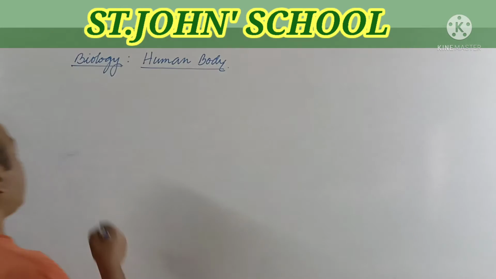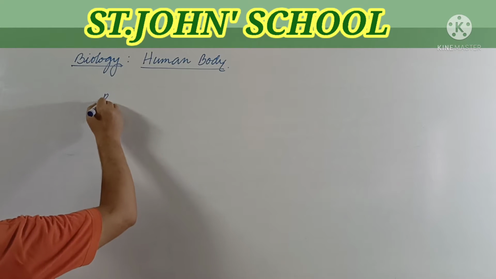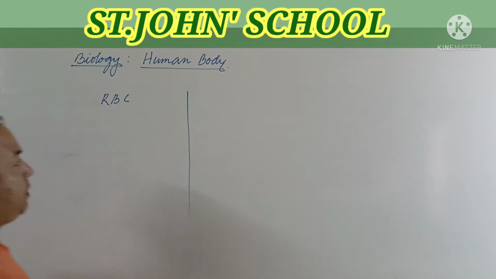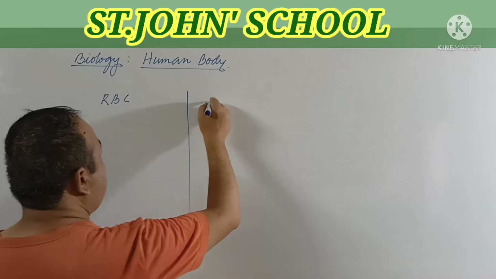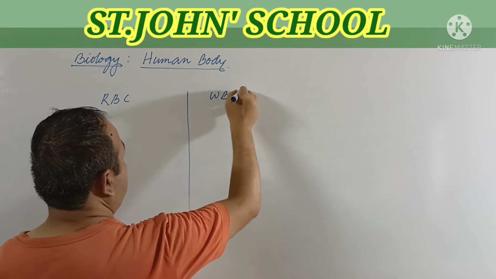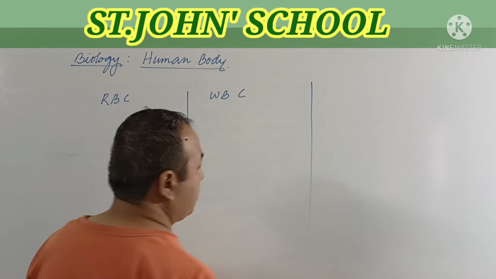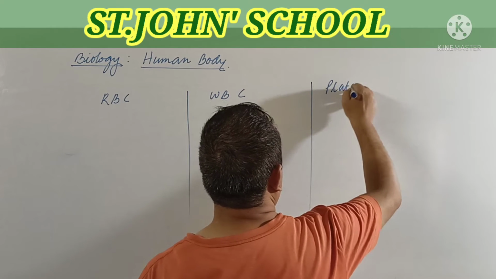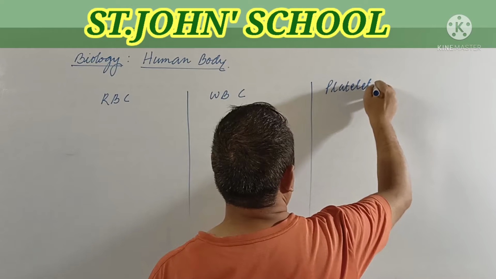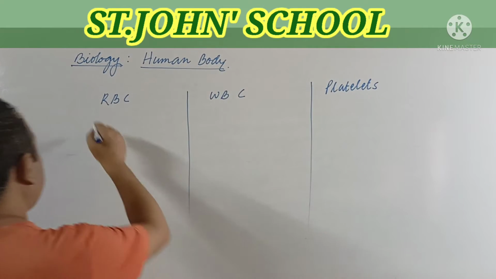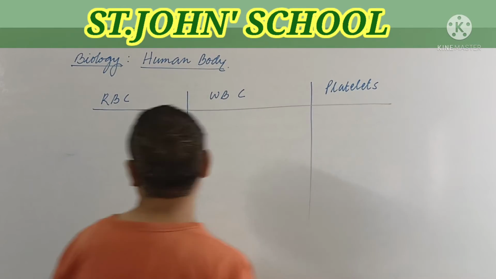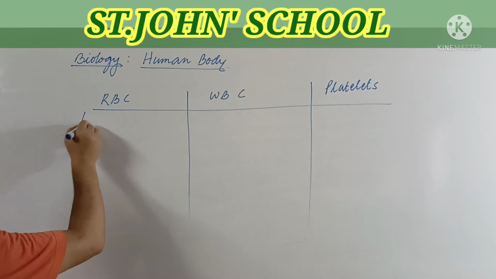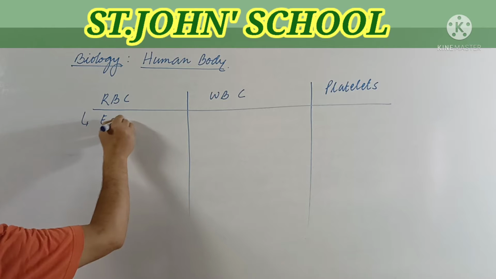In the previous class, we learned that the cells present in the blood include RBC, WBC, and platelets. Now RBC is also called erythrocyte.